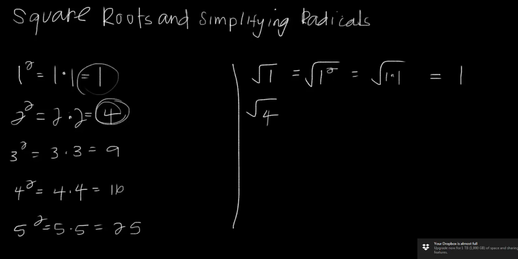We're taking square roots of perfect squares right now. The square root of 4 is the same thing as the square root of 2 squared, right? Or 4 is also equal to 2 times 2. The square root of 4 is 2.